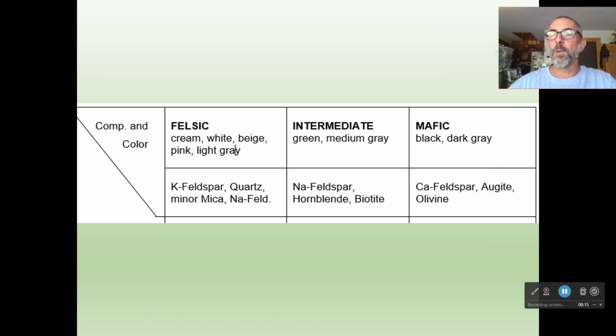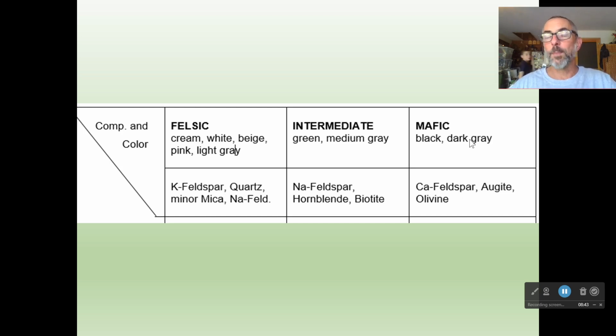Mafic rocks are composed of these minerals that you see here on the lower right. Felsic rocks are composed of these minerals on the lower left. These are light-colored minerals. And then intermediate is composed of a mix of mafic and felsic magmas, creating a different set of minerals. But these are mostly dark minerals, these are mostly light minerals, and these are mostly light and dark minerals.